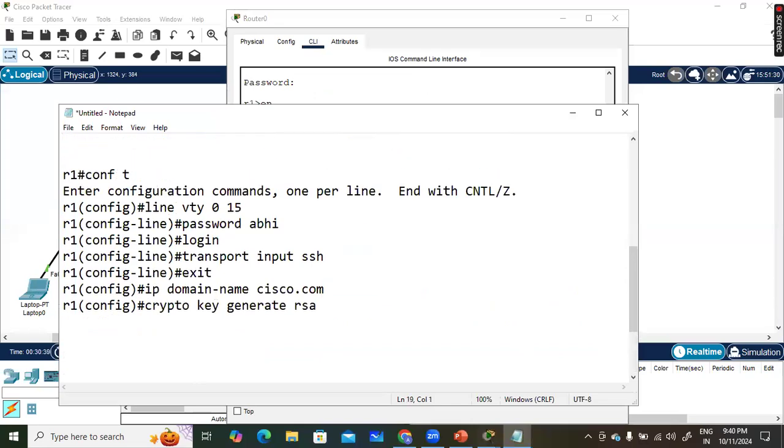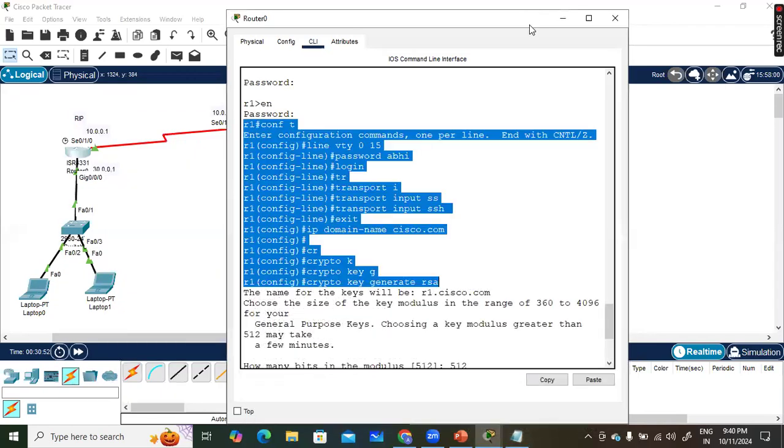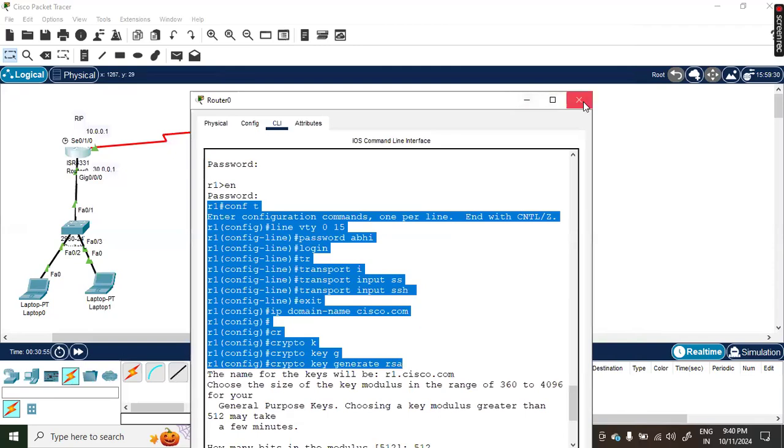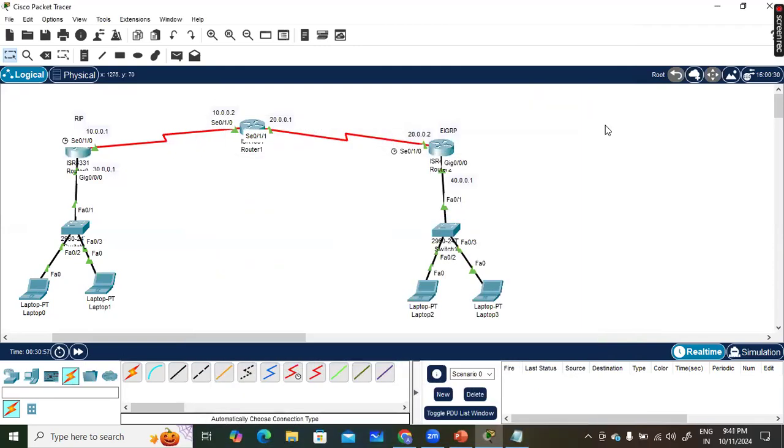This is your SSH, secure shell. Clear? Okay. Anyone wants to ask anything now? Just please tell me. Everyone is okay with it?